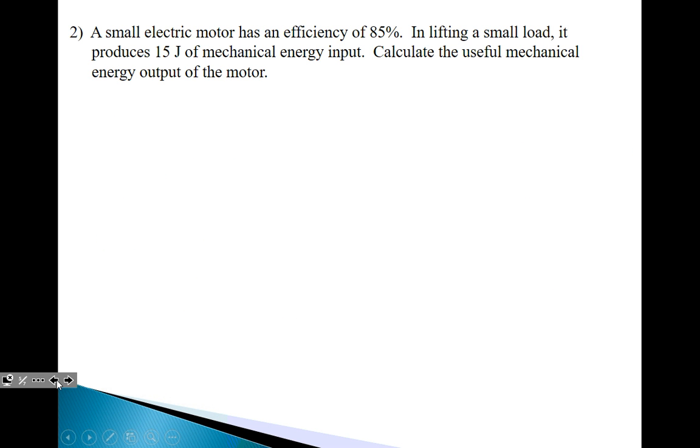Okay, next question. A small electric motor has an efficiency of 85%. Now we have this given to us, 85%. In lifting a small boat, it produces 15 joules of mechanical input energy, and calculate the useful mechanical output. So we're looking for our output energy.